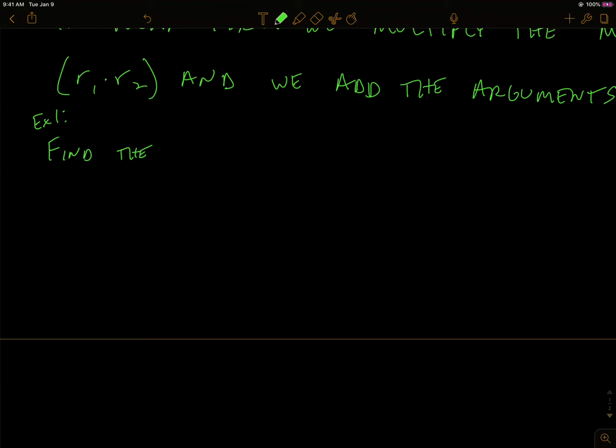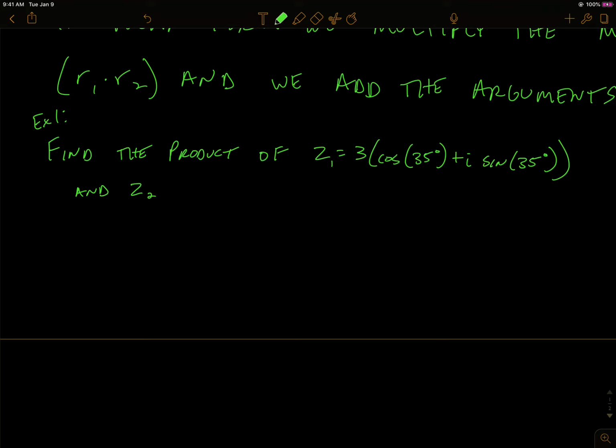Find the product of this complex number, 3 times cosine of 35 degrees plus I sine of 35 degrees, and this complex number will say 2 cosine 10 degrees plus I sine of 10 degrees.